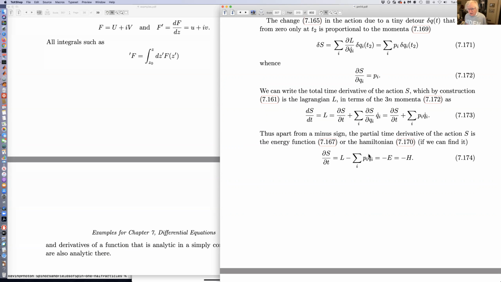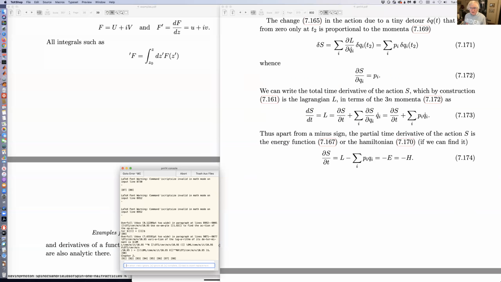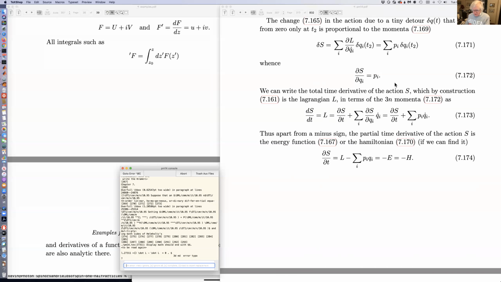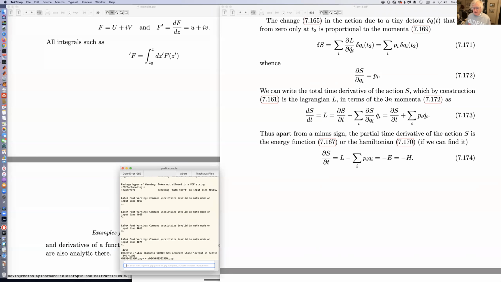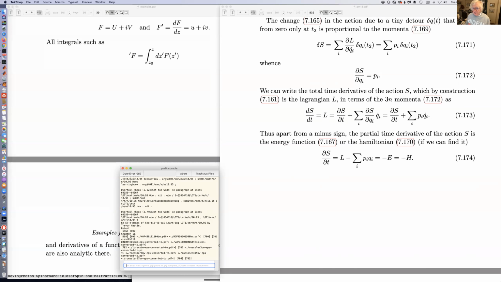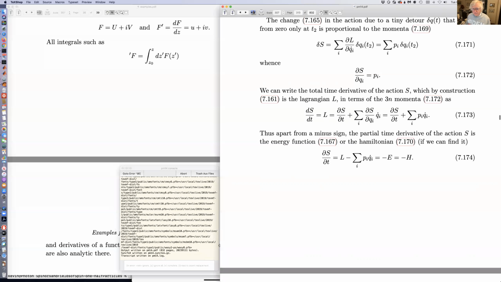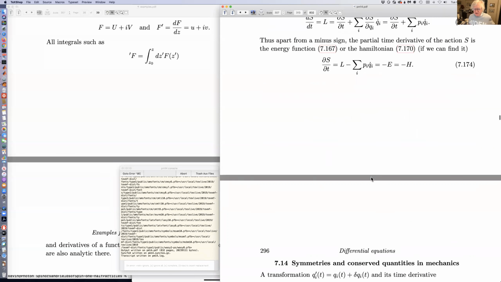There should be a dot on this. I can, in fact, fix it in real time, I think. Except that I've got a typo somewhere else. So let me just get rid of that. Okay, now this looks a lot more familiar, now we can identify H as pi qi dot minus L. So that's where the rest of this is.